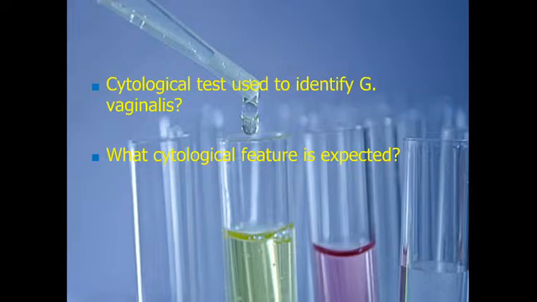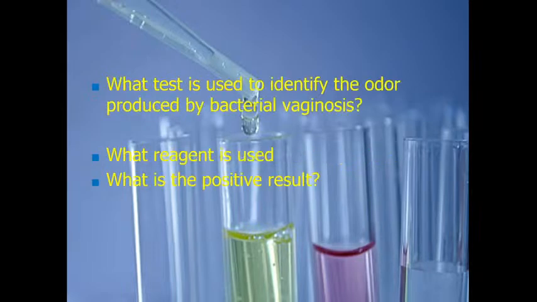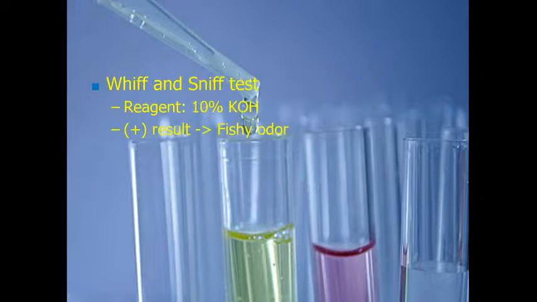Basically, these are groups of gram-negative bacteria that surround the epithelial cells. Now we have another test, the odor test, the whiff or sniff test. Basically, it's the usage of 10% KOH, and the positive result for this one is a fishy odor.